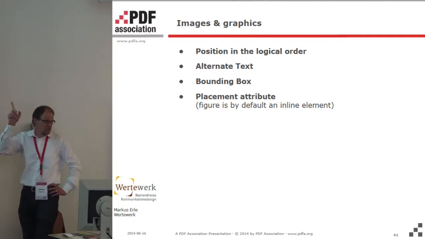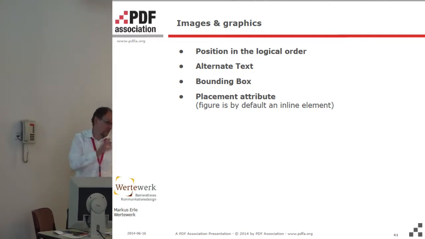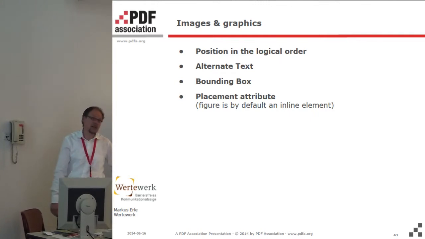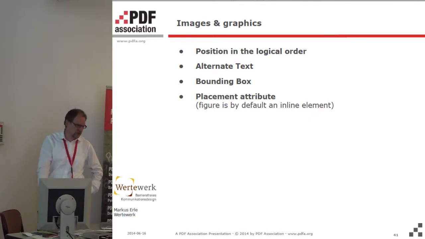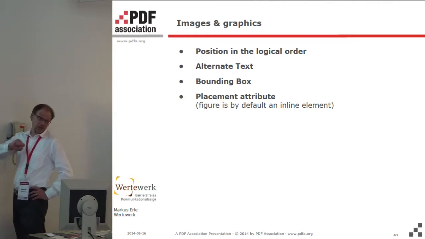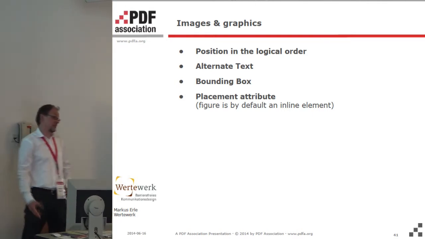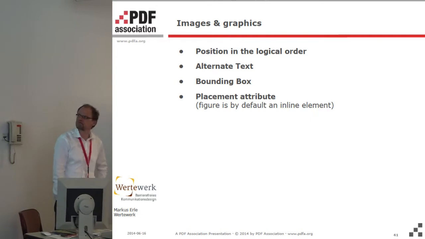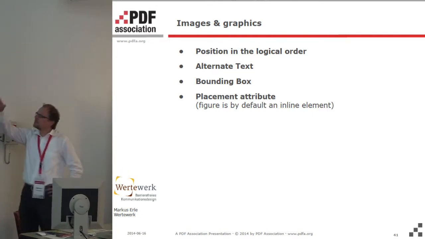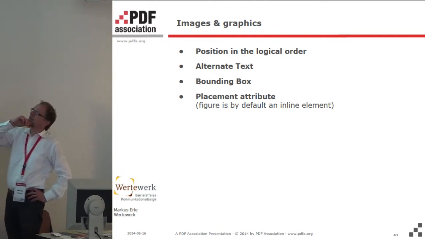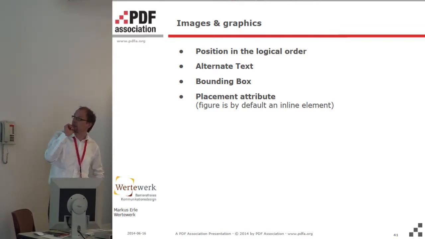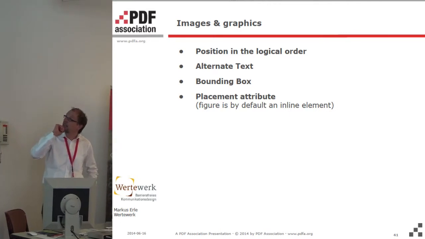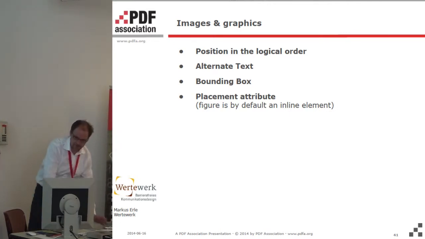And this is one of the biggest mistakes if you use Microsoft Word and create an accessible PDF out of Word with a conversion on board. You will get bounding box errors because all your images will not have bounding boxes. It's the same with the placement attribute, because figure is by default an inline element, but when you use figure as a block element, the placement attribute is missing.